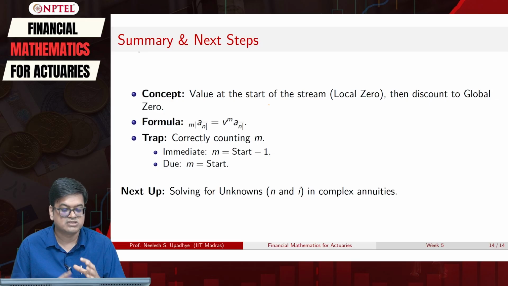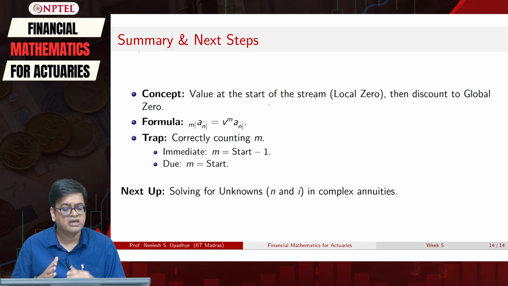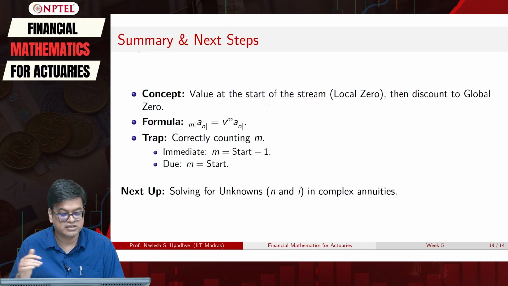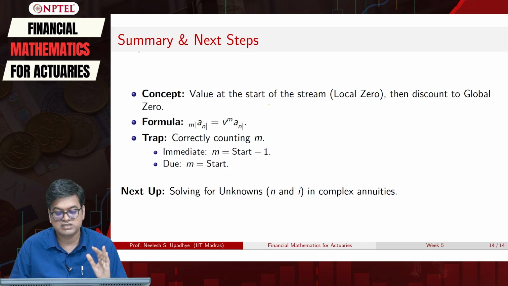So, the trap is how to set this discounting point M. If you are looking at immediate annuity plans, M will be start minus 1, where the annuity is starting minus 1, and if you are looking at due plans, M is equal to start. If you do this correctly, if you stick to only one logic, I prefer immediate logic, then you will never commit any such mistakes for deferred annuities.